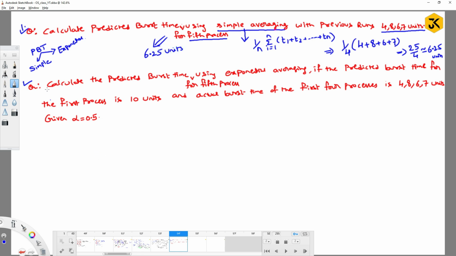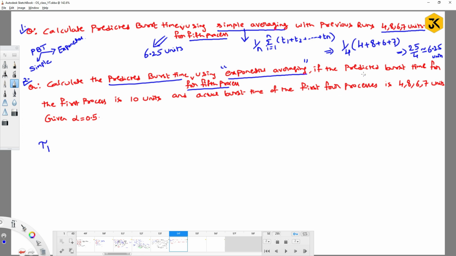Okay. Similarly, let us see the second one. Calculate the predicted burst time for the fifth process using exponential averaging. If you want to perform calculations using exponential averaging, you must have the tau 1 value, the predicted burst time of process P1.